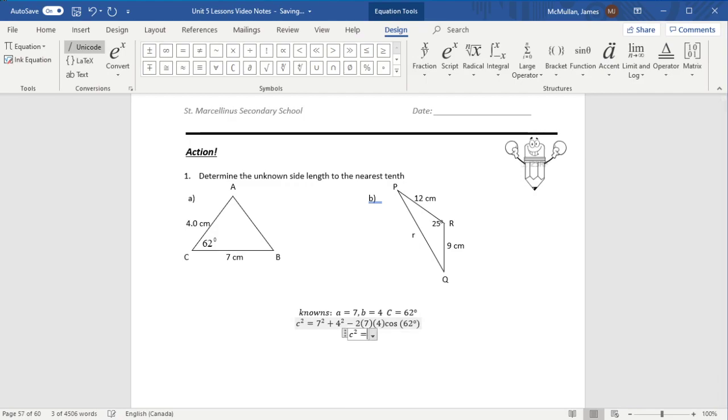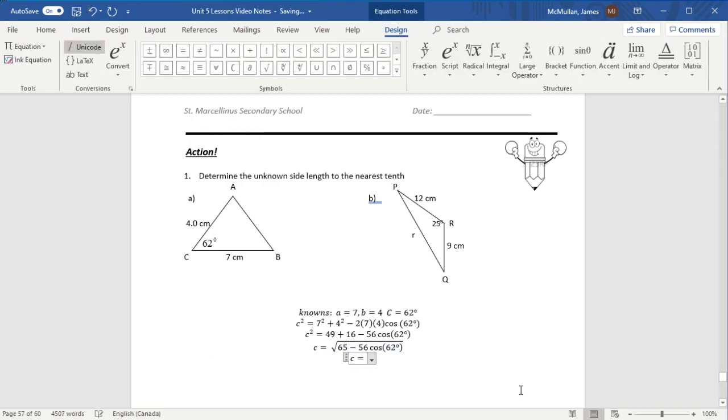Okay, so C squared would be 49 plus 16 minus 56 cos 62. And so C would be equal to the square root of 65 minus 56 cos 62.